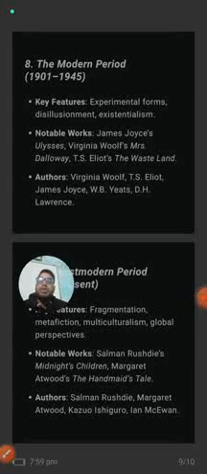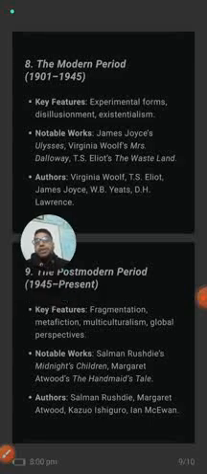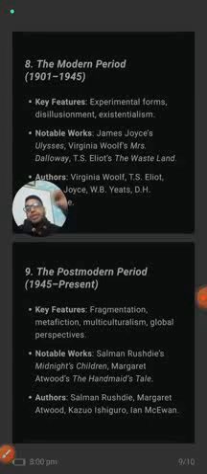Notable works of the modern period are James Joyce's Ulysses, Virginia Woolf's Mrs. Dalloway, T.S. Eliot's The Waste Land. Authors of the modern period are Virginia Woolf, T.S. Eliot, James Joyce, W.B. Yeats, D.H. Lawrence.